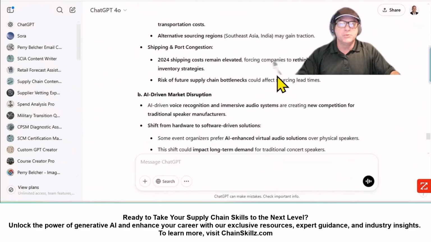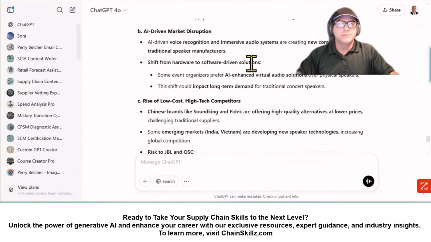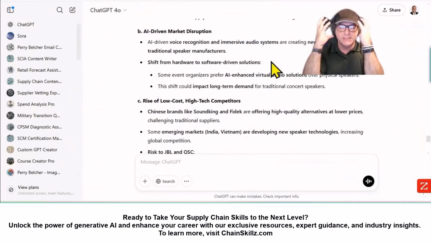Geo-conflicts, shipping port congestions, definitely. AI-driven market disruptions, voice recognition, immersive audio systems. This is where people are going to use headphones and virtual reality. So are they going to be using bigger speakers?